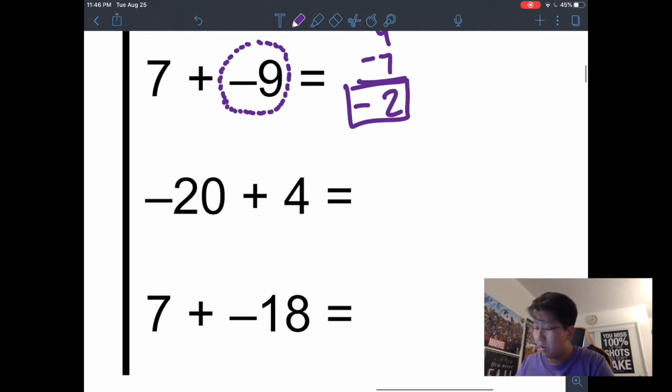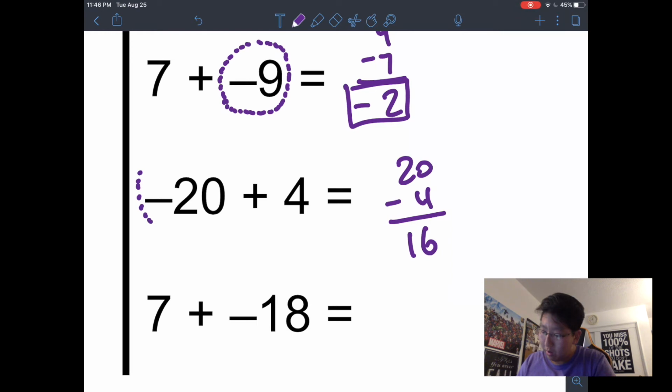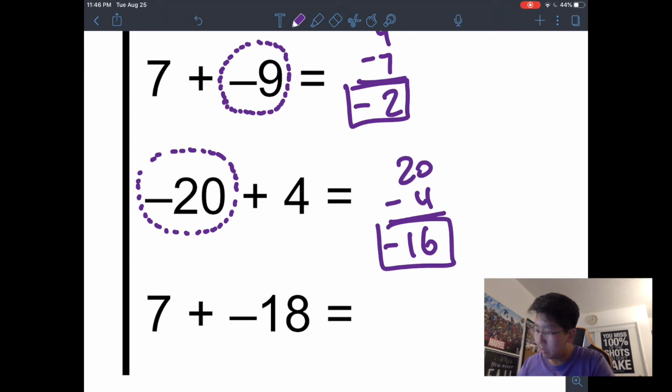Okay. Here, we're going to take the number that is larger, or the number that's further from 0. So -20, we're going to take 20 and subtract 4. We get 16. And because the number we're subtracting from is a negative number, it's going to be a -16.